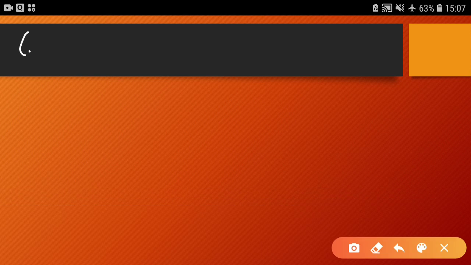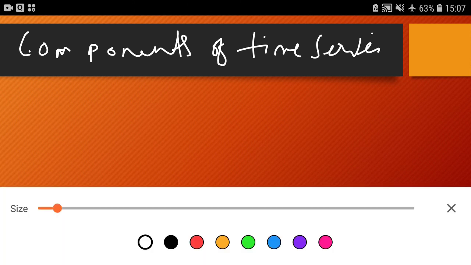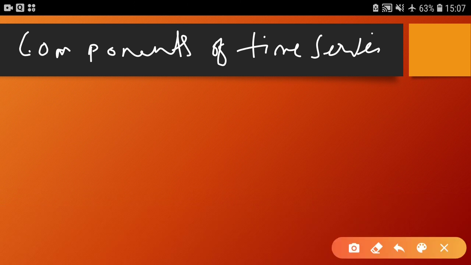We have started with components of time series. There were 4 components if you remember.